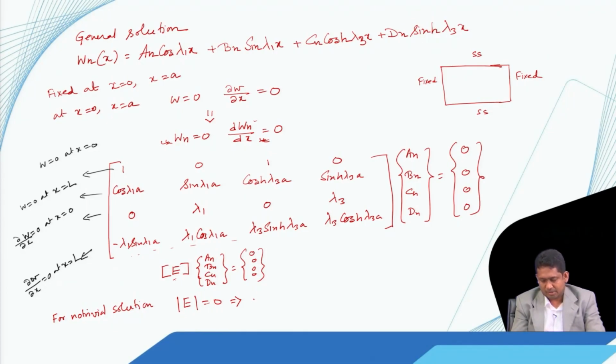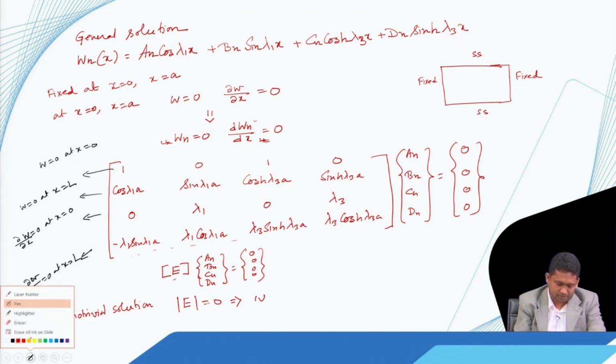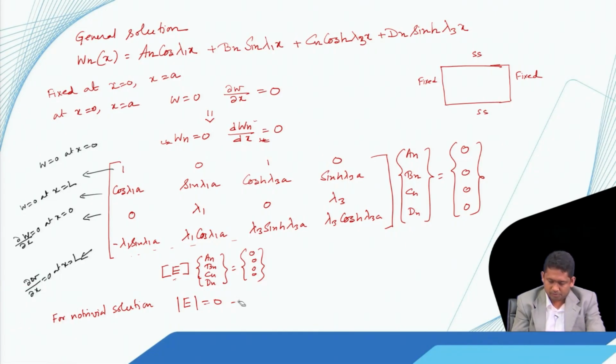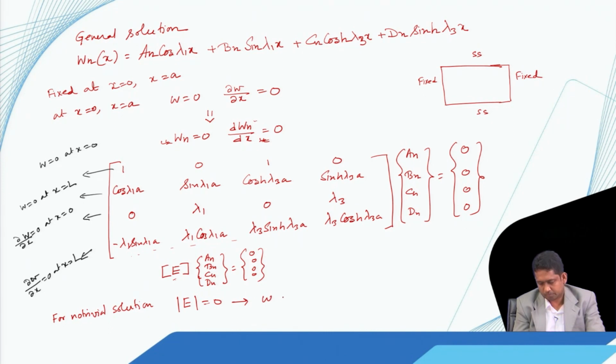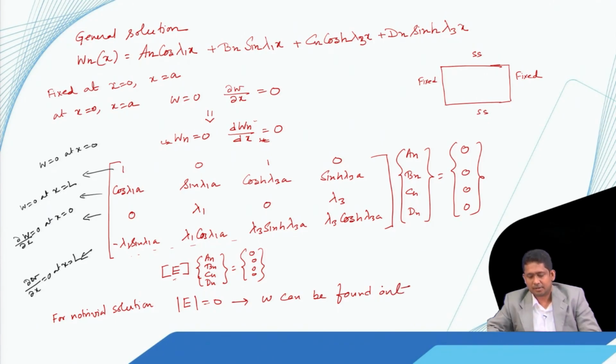So from this omega can be found out. So that's how we find out the natural frequency.